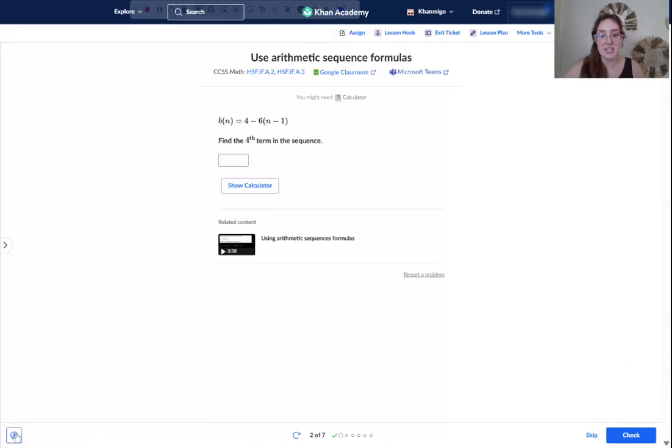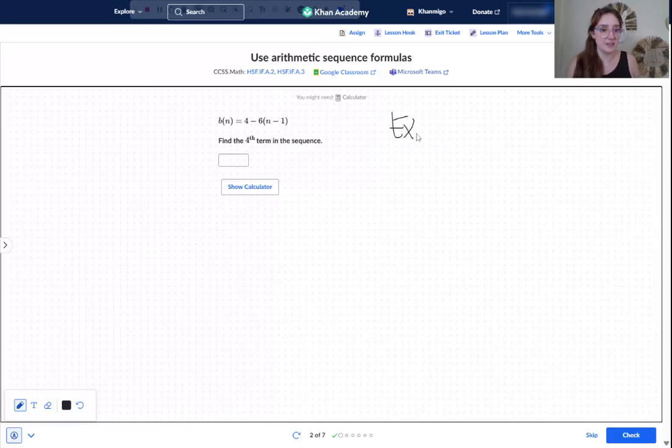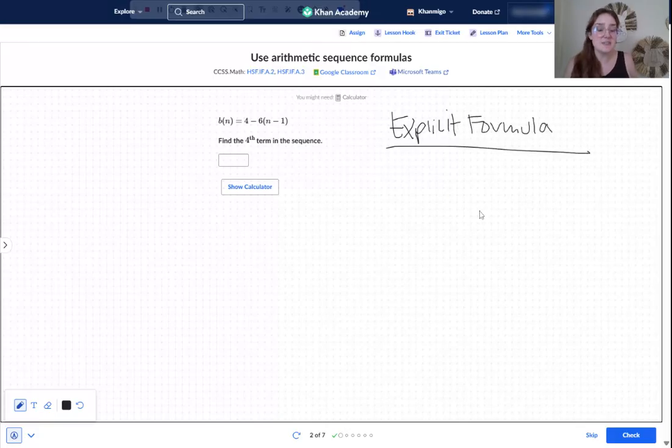Okay, so now this notation is looking different, but we can do this. We got this. This is now looking more similar to our explicit formula. And in case you forgot, the explicit formula is like a rocket launching us to the nth term in the sequence, right?